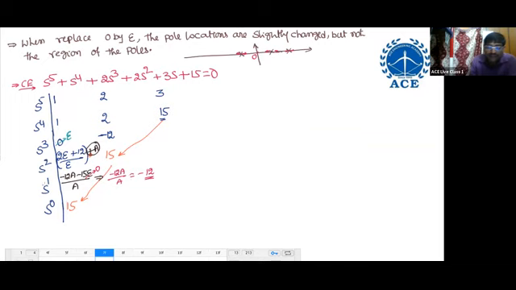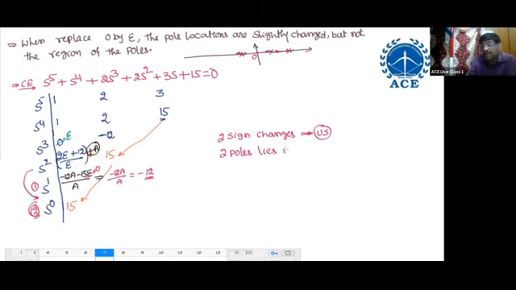So this is negative, this is positive. Positive to negative, one sign change. Again, negative to positive, one sign change. So two sign changes. The given system is unstable. So two poles lie in the right of S plane.